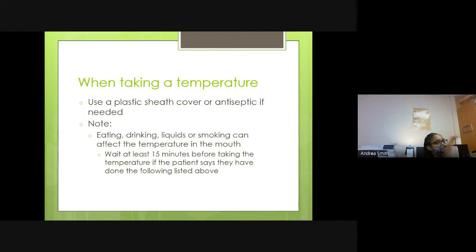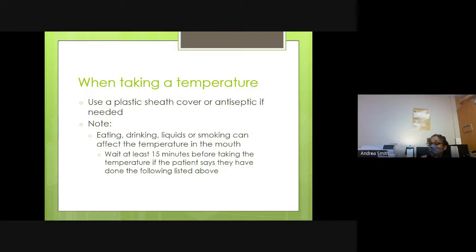Okay, so when taking a temperature, use a plastic sheet cover or antiseptic if needed. Now, right now in this day and age, we really don't do that anymore because we use the ones that scan the forehead.